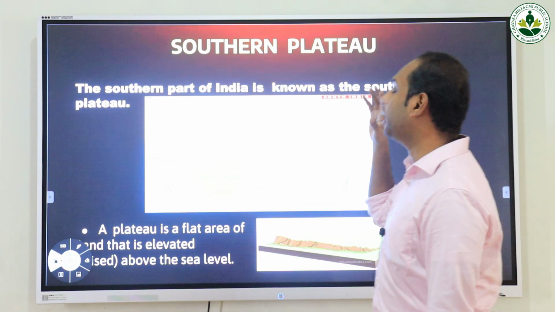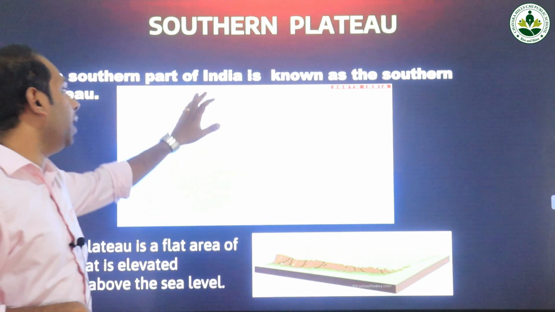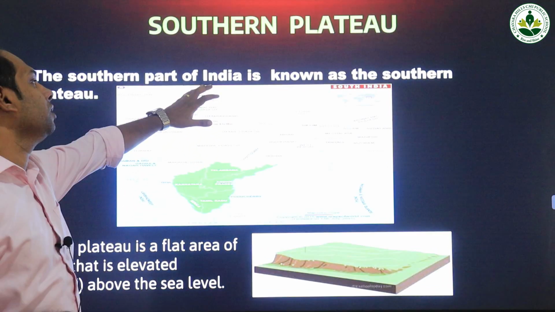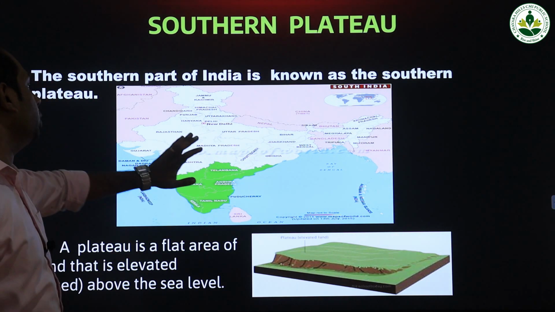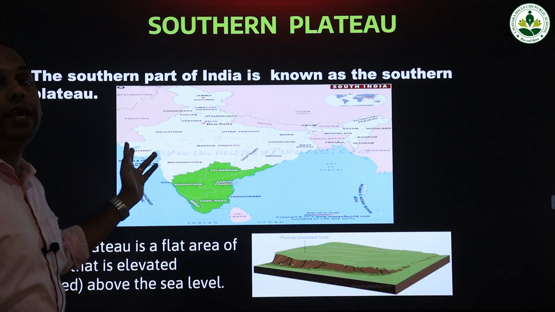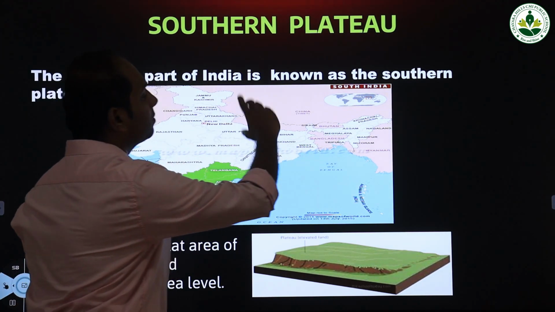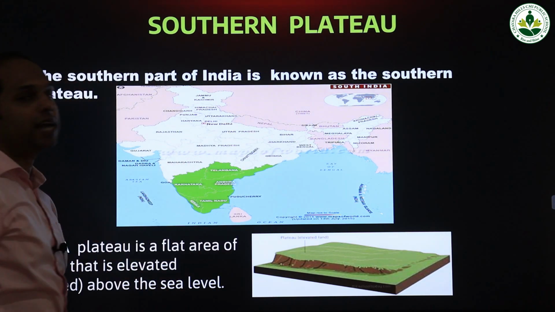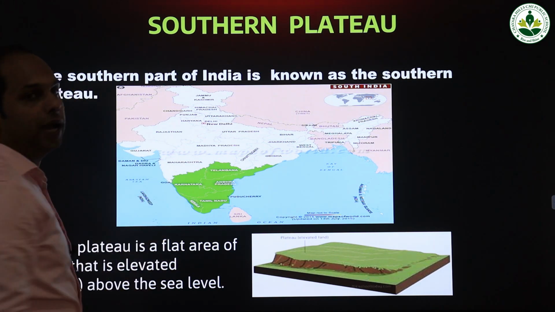So when you look at a map, the top part is north and the bottom part is south, and your left side will be west and your right side will be east. And this is how you learn directions when you look at a map.